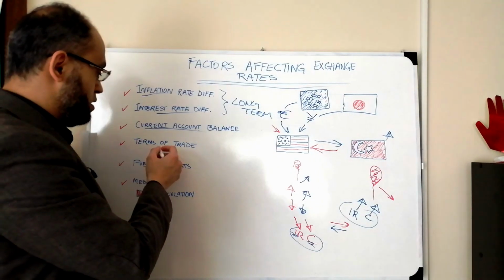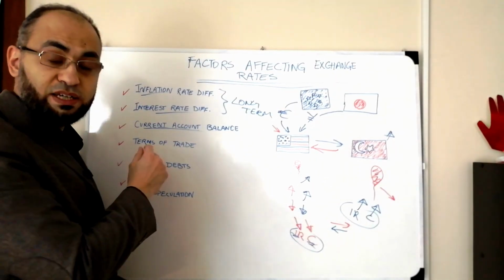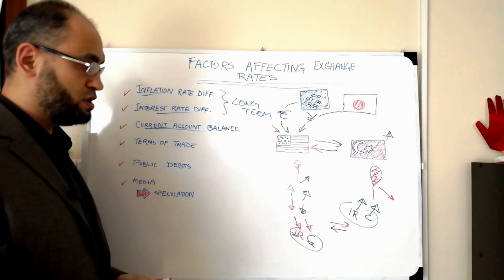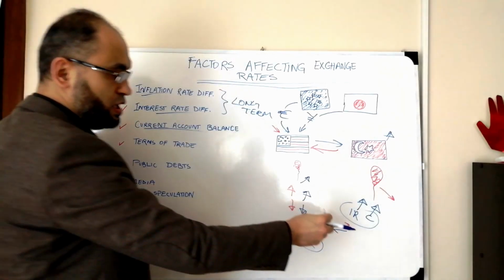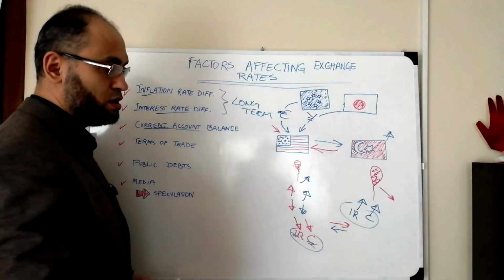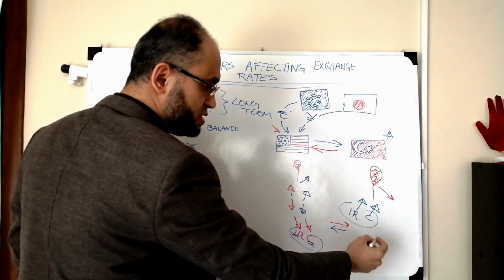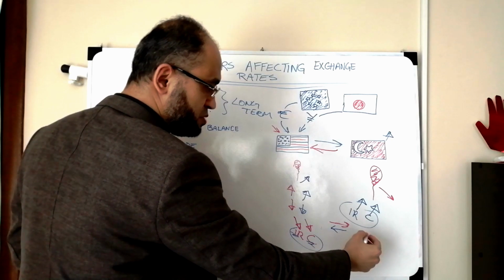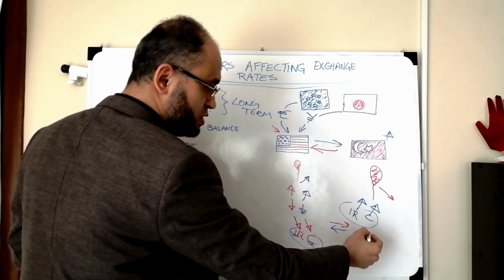So the terms of trade is the ratio between the exports and imports of the country. So if a country is importing more than it's exporting, what happens is that its current balance becomes in a deficit.